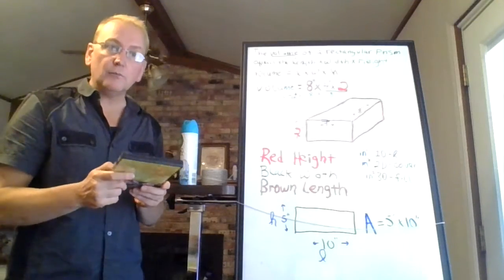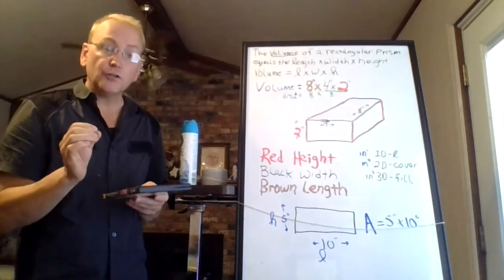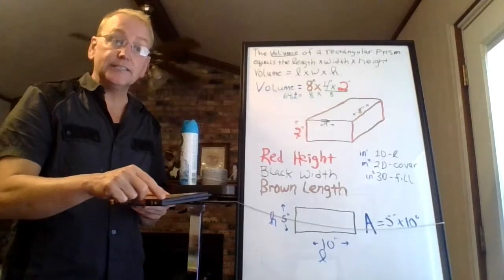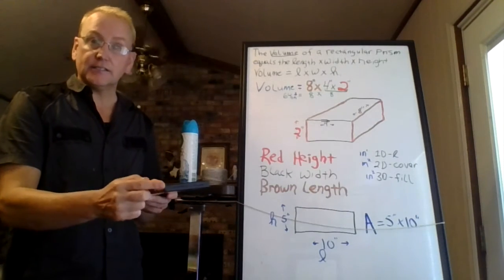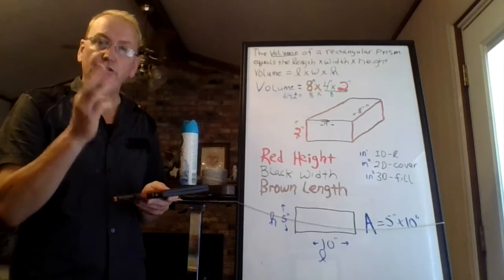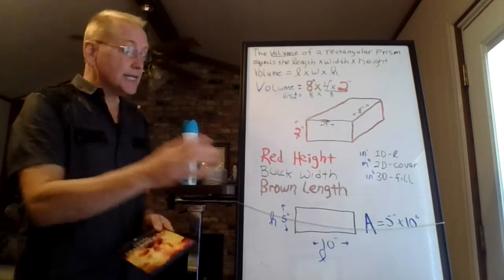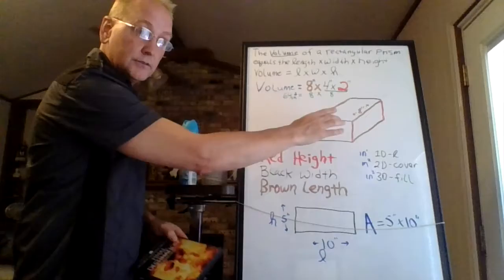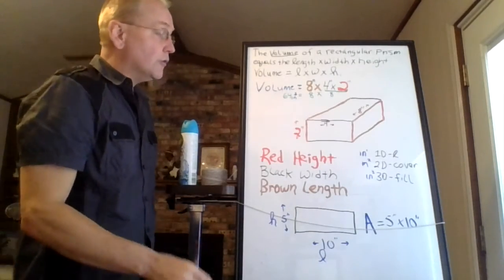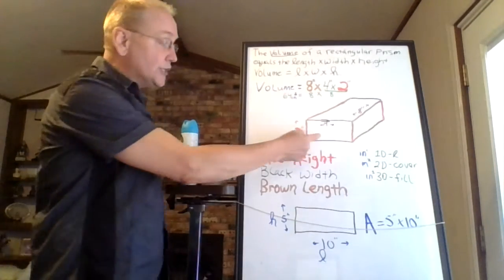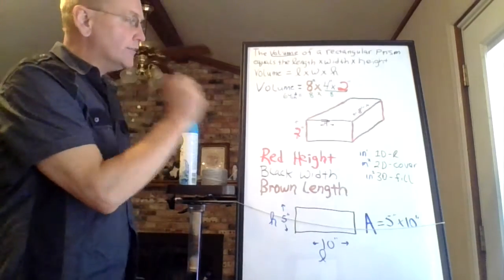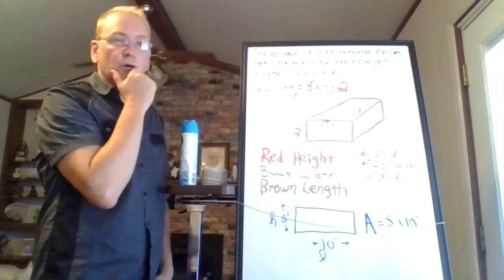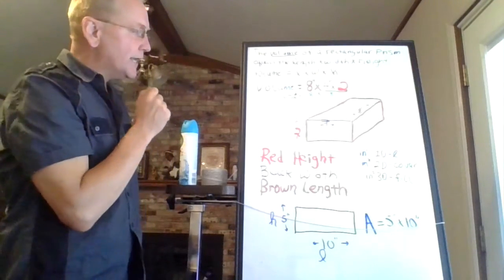So when we talk about dealing with volume, we have to talk about dealing with the width, the length, and the height or depth. But 3 dimensions. So taking this rectangle up, we're going to call this a rectangular prism. So, Alexis, which one of those would you think would be the length? Red, brown, or black?